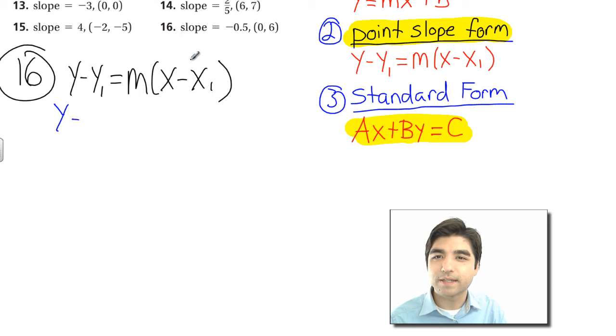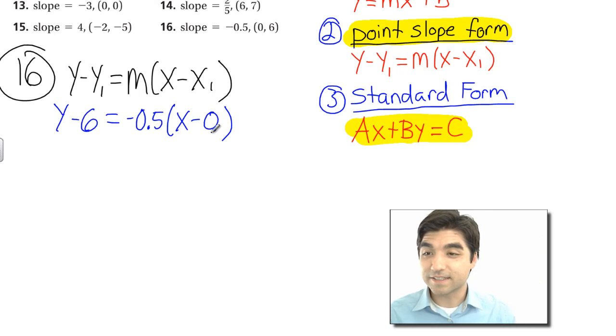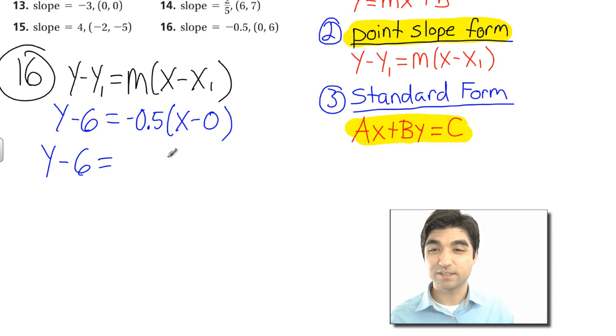So we have y minus 6, and then our m is negative 0.5, and then our x is x minus 0. Whew, they gave us a 0, that's good. So we have y minus 6 equals x minus 0 is just x, so negative 0.5 times x equals negative 0.5x.